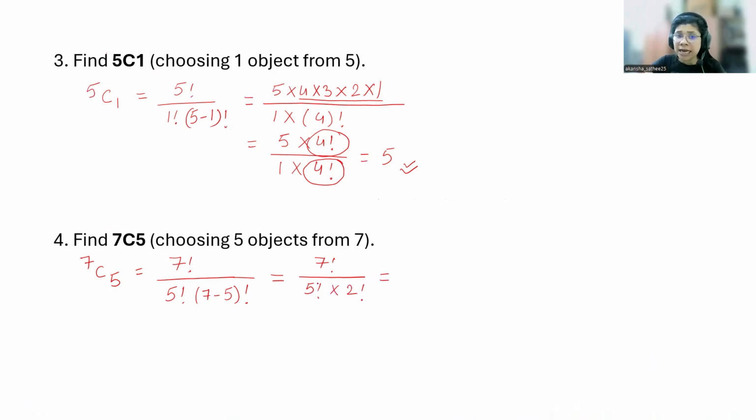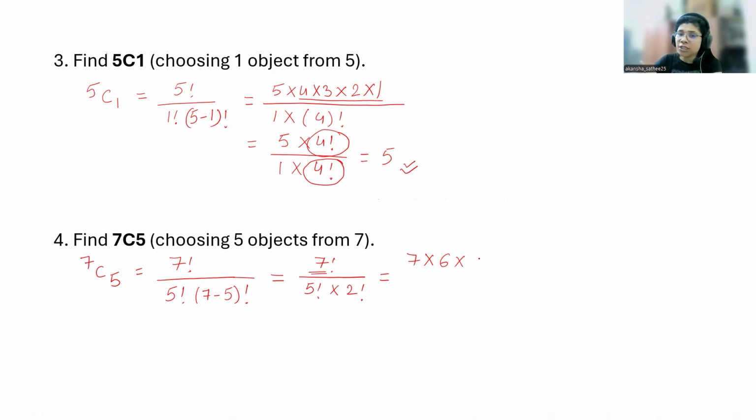So you can see that 5 factorial is sitting in the denominator. Whatever is the bigger factorial, try to split your numerator into some numbers and that factorial. So 7 factorial, you already know the formula. That is 7 into 6 into 5, 4, 3, 2, 1.